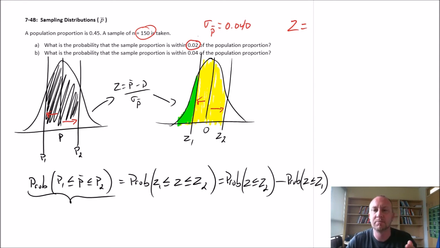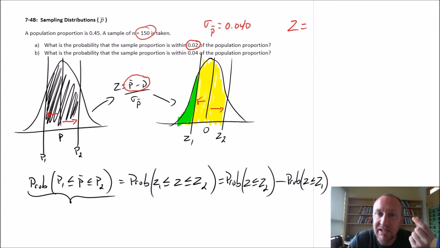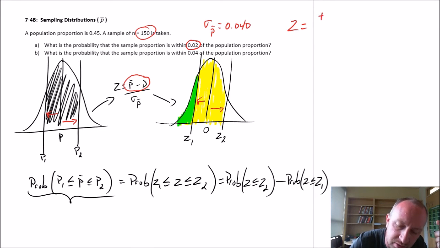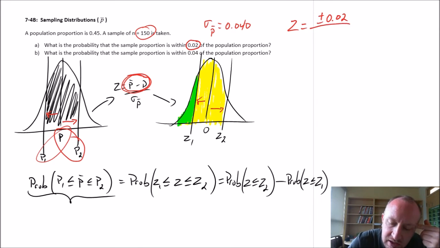Plus or minus 0.02. So when we're calculating these z-scores, that's the only information that we need, is that 0.02, plus or minus 0.02. That's that distance, right? P minus P2, or P1 minus P. That's the difference that we're looking at in the numerator, divided by our standard error, which we've just calculated as 0.04.